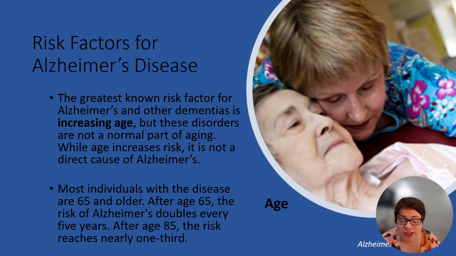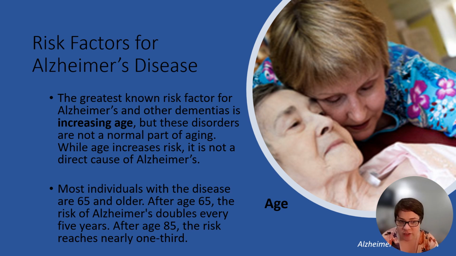So when it comes to risk factors for Alzheimer's disease, the greatest known risk factor is actually age, right? So increasing age, even though, like I said, these disorders are not part of normal aging, right? But because Alzheimer's disease is a disease process that results from deterioration of the brain, the older you are, the more susceptible you are to that neural degeneration.